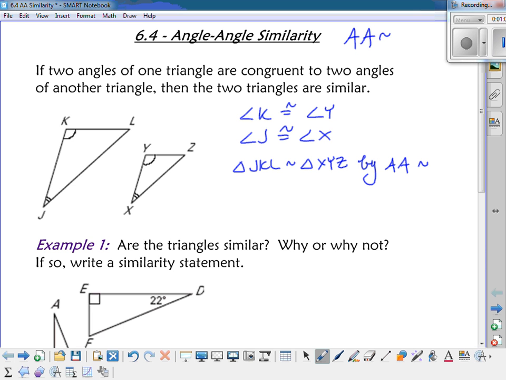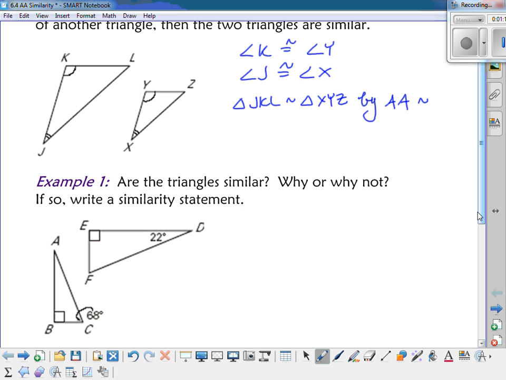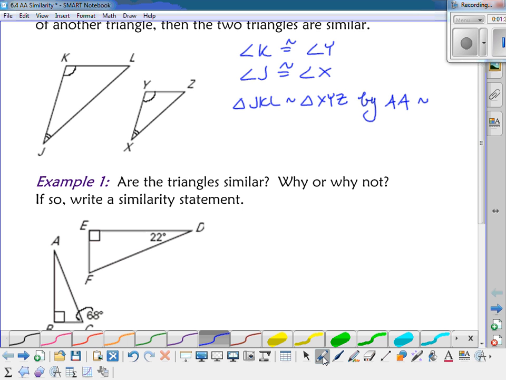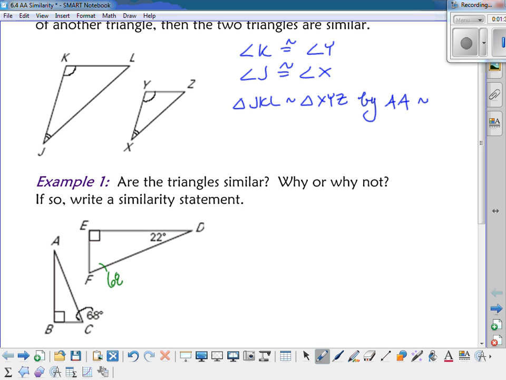So for example 1, we're going to look at these two triangles, ABC and DEF, and we're going to determine whether or not they're similar, and if they are, write a similarity statement. So if I look at the figure, I can see in triangle DEF, they've only given me the right angle and 22 degrees, and so I can figure out that angle F is 68 degrees.